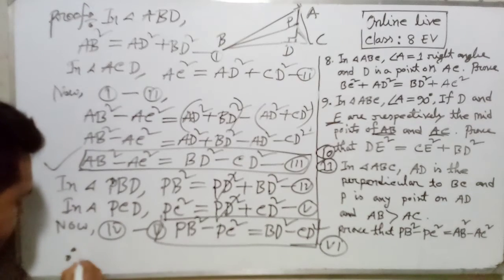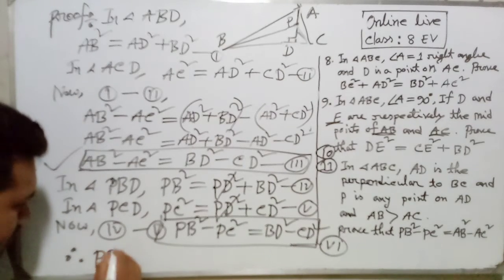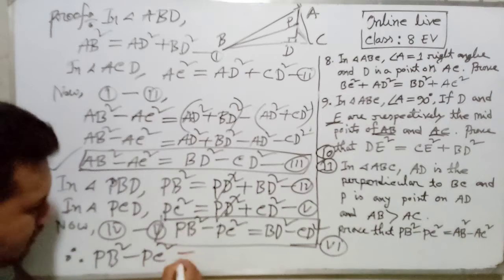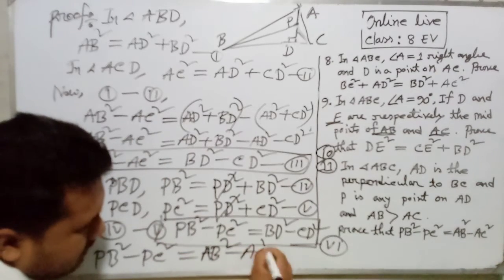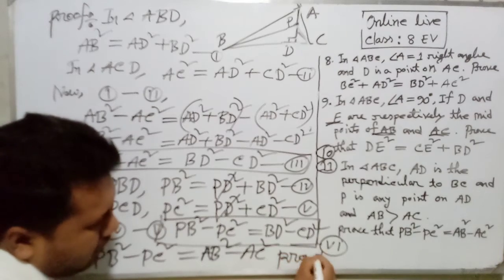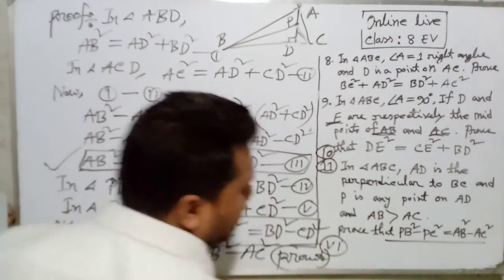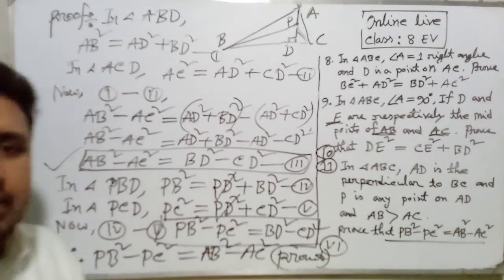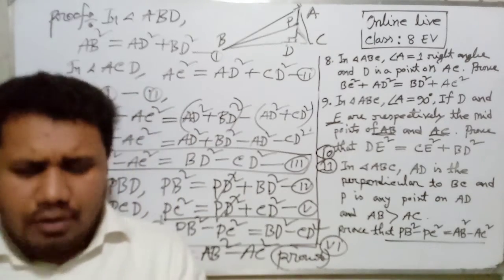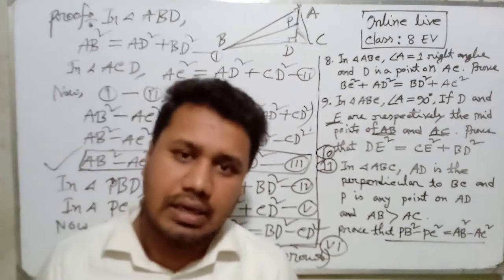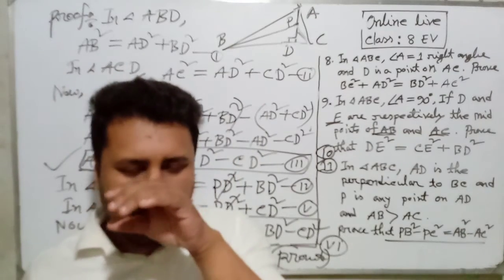Therefore we can write PB square minus PC square will be equal to AB square minus AC square. Dear students, look, this is our proving part. So we can say our problem number 8, 9, 10 and 11 are also solved.